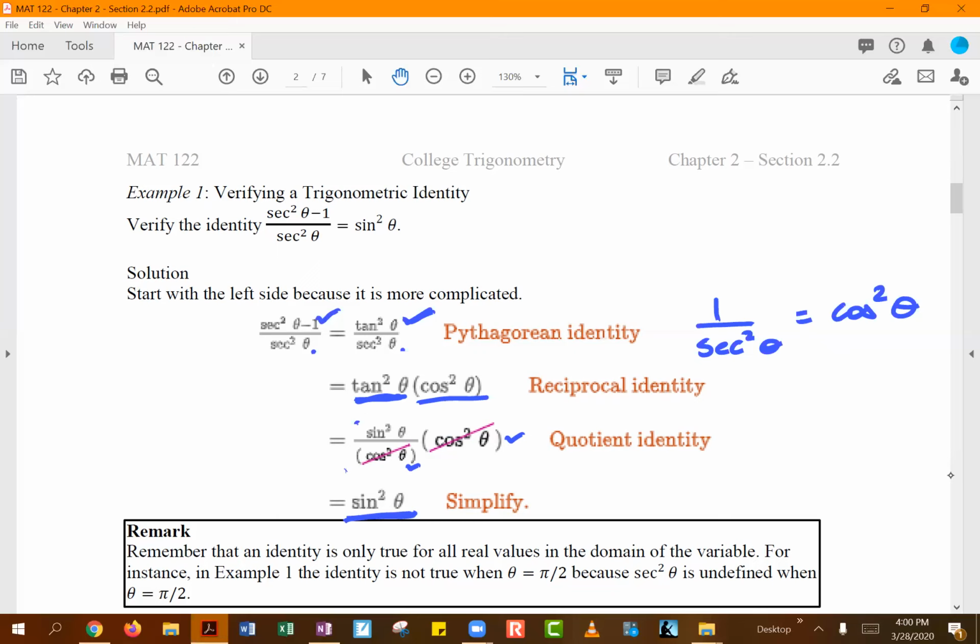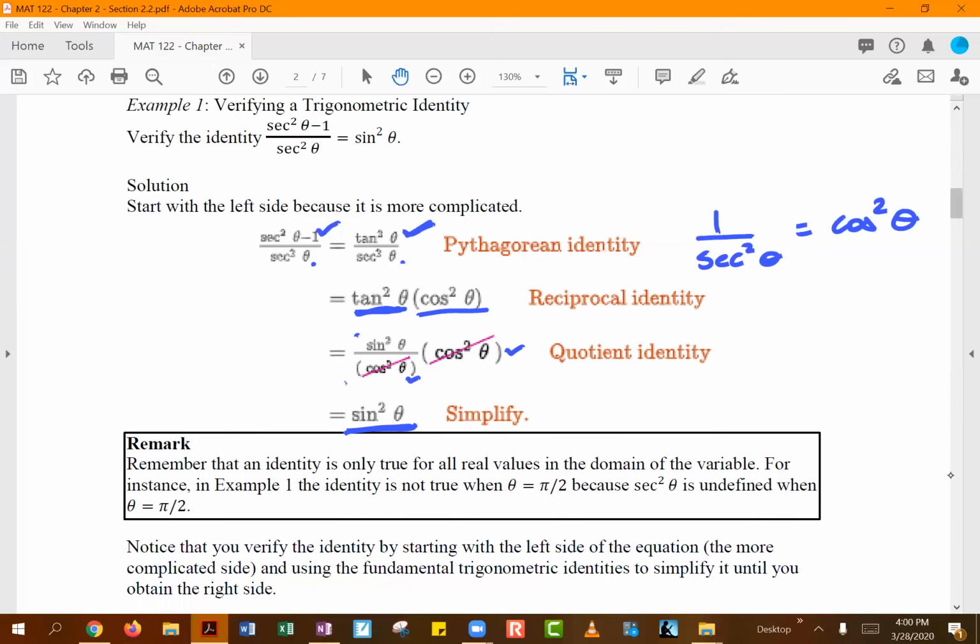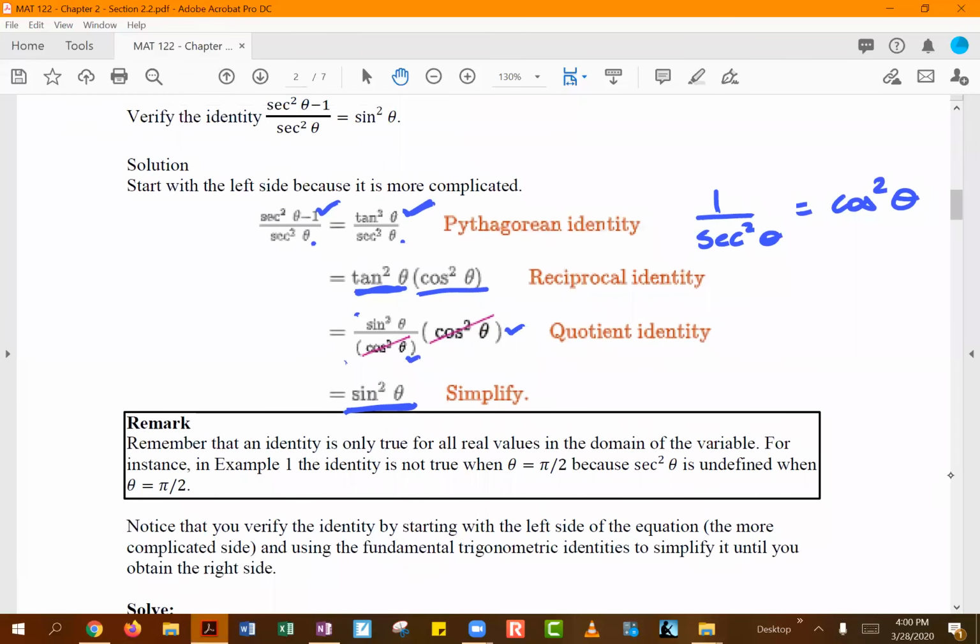So you can see we have proven that my left-hand side equals the right-hand side, and this is how you can go about verifying your trig identities, okay? Now, one interesting fact here: when we say identity, remember we said that for all values of x in the domain, or in this case theta, your function should be true.